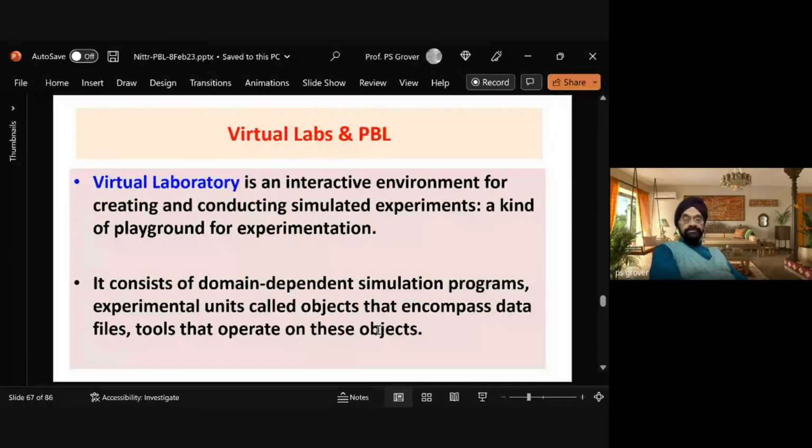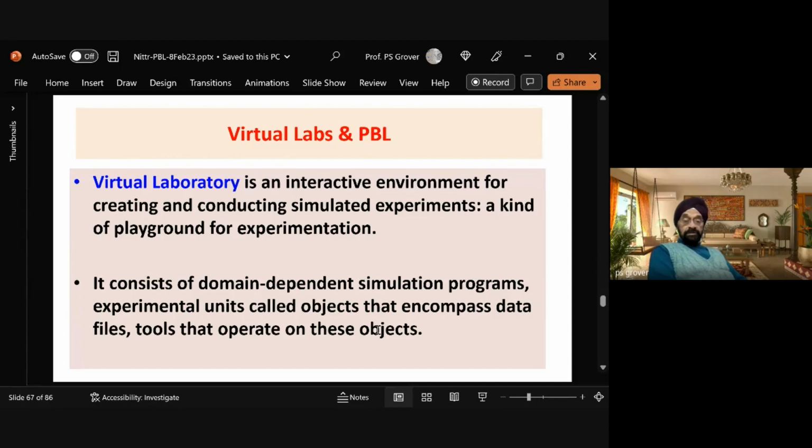Now, virtual labs are a very important support for PBL. You can use the virtual lab and design the project-based learning. A virtual lab is an interactive environment for creating and conducting simulated experiments, a kind of playground for experimentation for doing the PBL application.